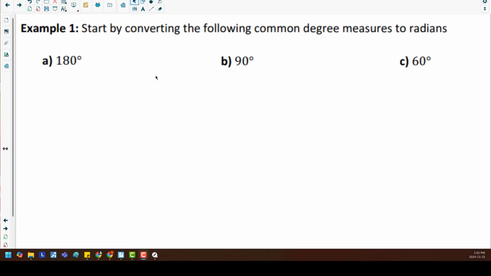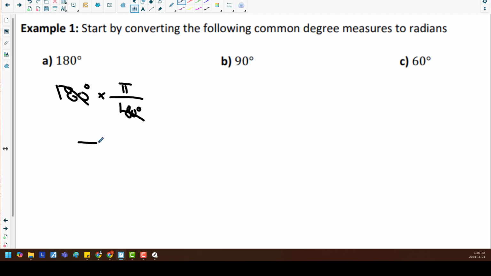All right, so let's see if we can convert 180 degrees to radians. We take 180 degrees and multiply by pi over 180. You can see the degrees are on opposite sides of the fraction line. So 180 divided by 180 is just 1.